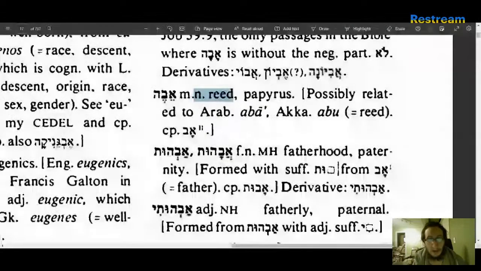Then we have reed. So reed, I'll share the screen again. So we have reed or papyrus. This is possibly related to the Arabic abba, Akkadian abu, reed.